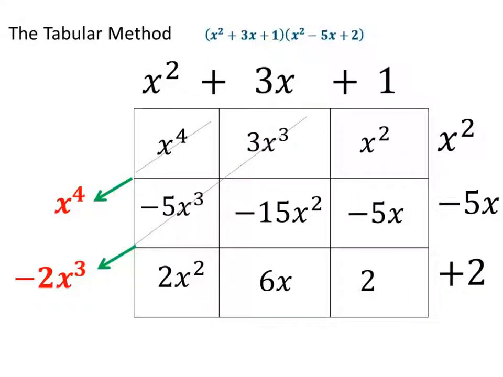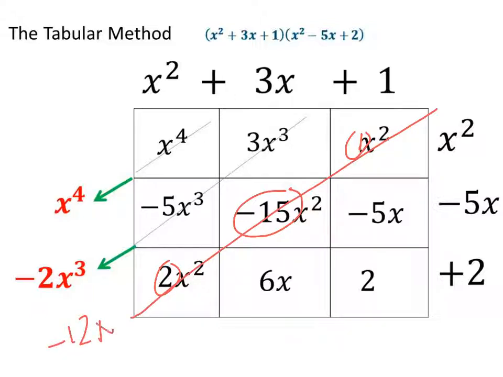Okay, so to the next diagonal. We're going to add these coefficients: 2 plus negative 15 plus 1. There's a 1 there. So 2 plus negative 15 is negative 13, and negative 13 plus 1 will be negative 12. So when we add this diagonal together, it comes out to be negative 12x squared.